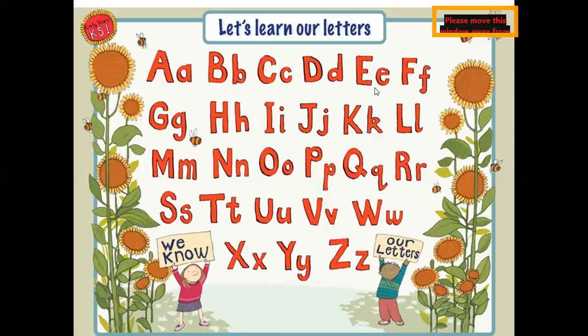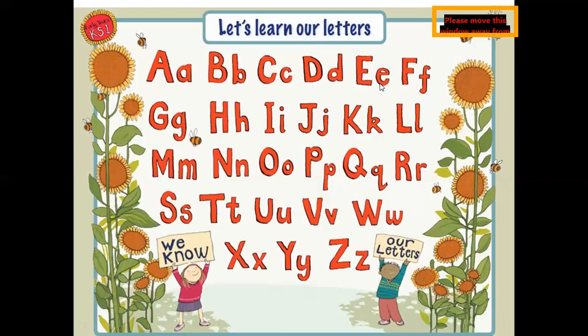I'm repeating again, you have learned the writing and reading of alphabets, both in uppercase and lowercase. I'm just revising it. Then after this, we will match the uppercase letter with the lowercase letter. E is for elephant, and E is for egg.